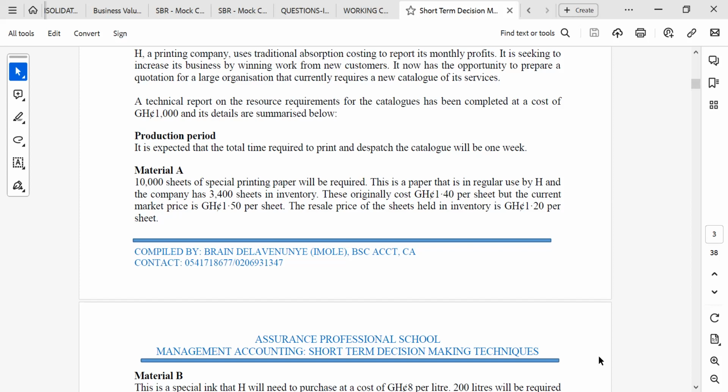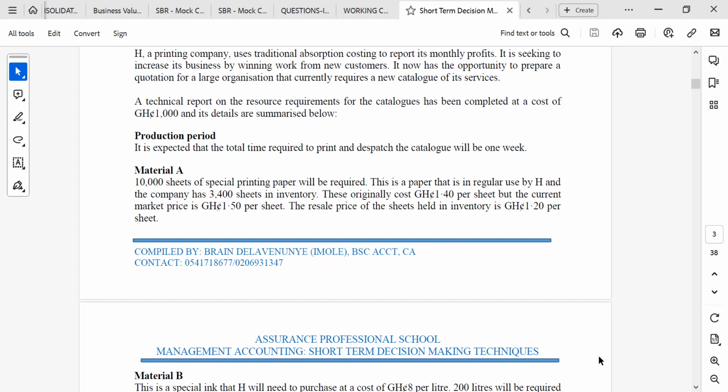You are not going to use any of the one that you have in store. You buy all the 10,000 and use so that the 3,400 will still be there for you.